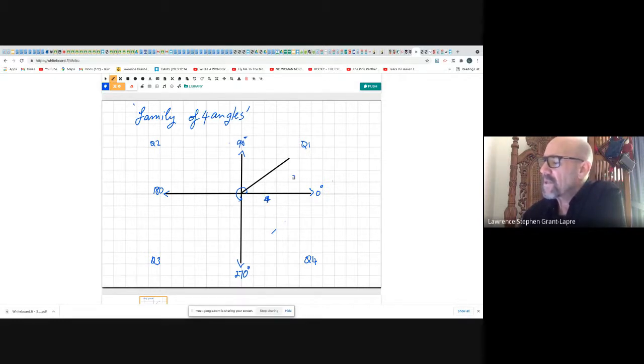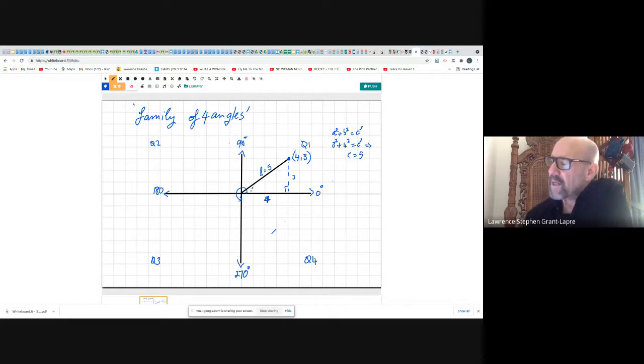This is 3. This is the point 4, 3, which means the radius, the length here, L, is 5. The length of that line, using Pythagoras' theorem, a squared plus b squared equals c squared, we get 3 squared plus 4 squared equals c squared, which equals 5. C equals 5, or L equals 5.